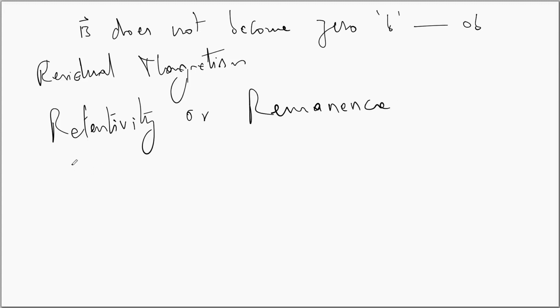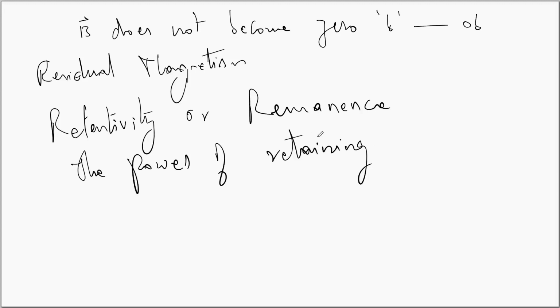It is the power of retaining magnetism. So retentivity or remanence is the power of retaining the magnetism in a ferromagnetic material even when the applied magnetic field intensity H is 0. The retentivity of a material is a measure of the magnetic flux density remaining in the material when the magnetic field is removed.